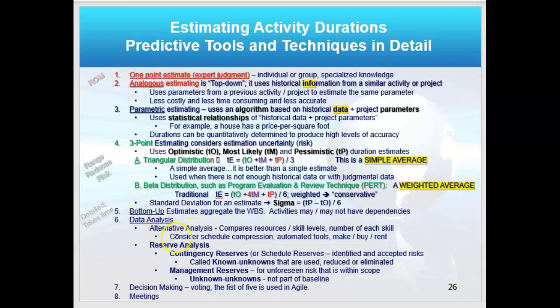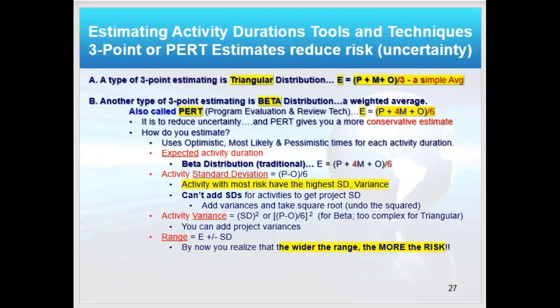I will also do data analysis, which includes reserve analysis. There are two types of reserve analysis: contingency reserves and management reserves. And there's information on those here and in the PMBOK guide. Now, this is a one-slide summary of all things three-point estimating.